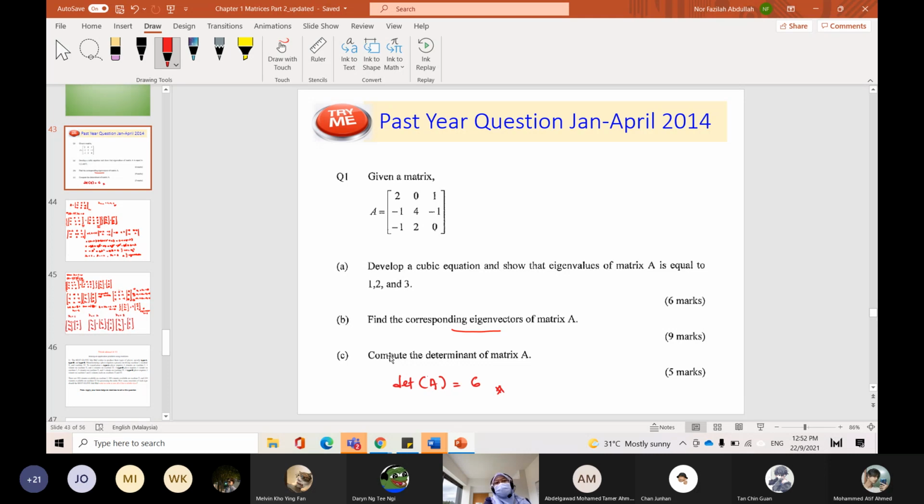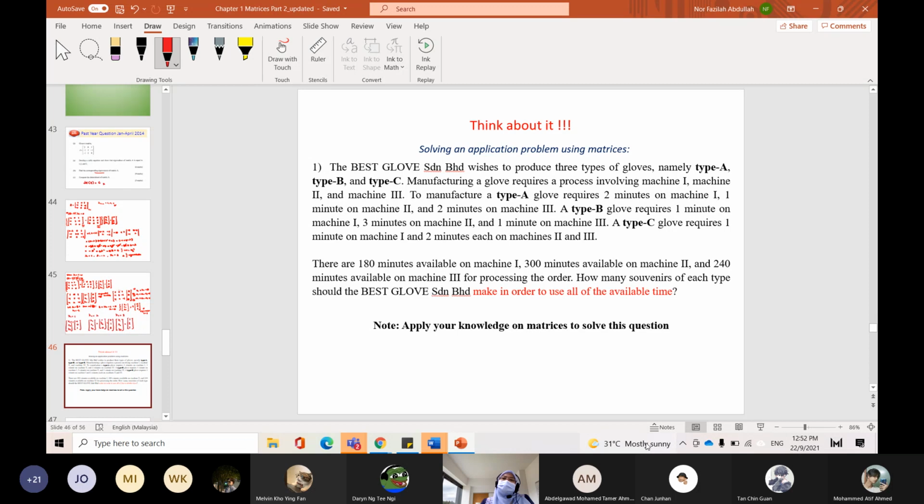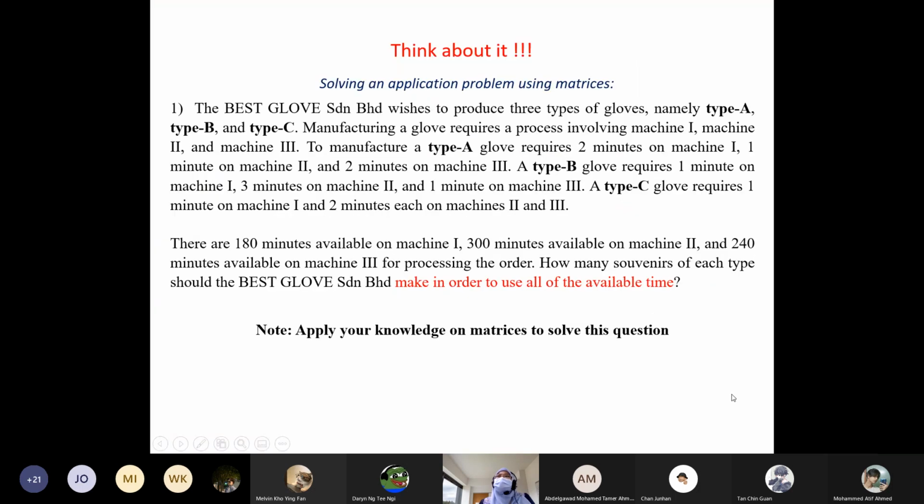Now we go back to our objective today. Today we continue with the application of matrices in the engineering field. Basically, in most engineering we cannot run from mathematics.